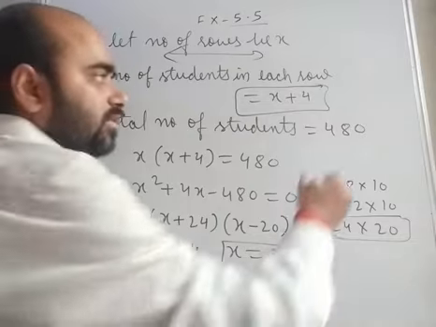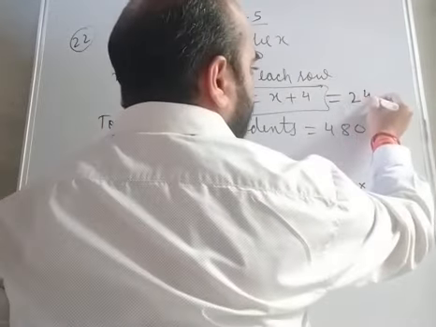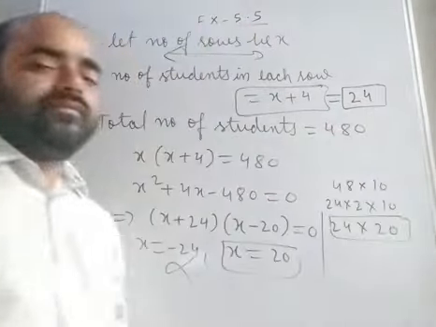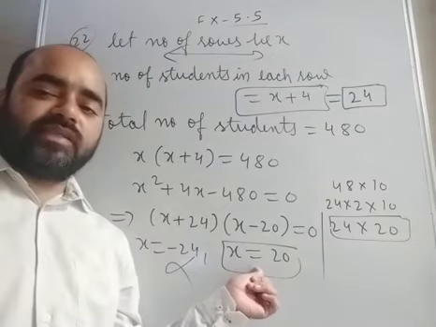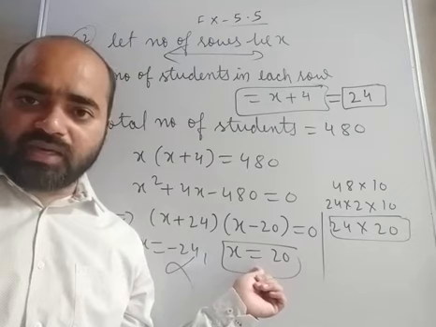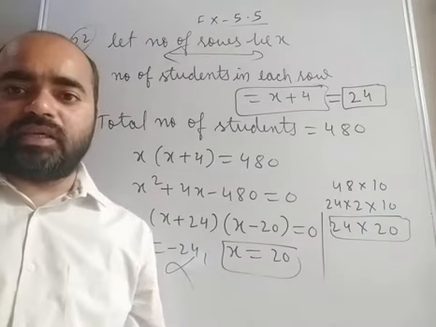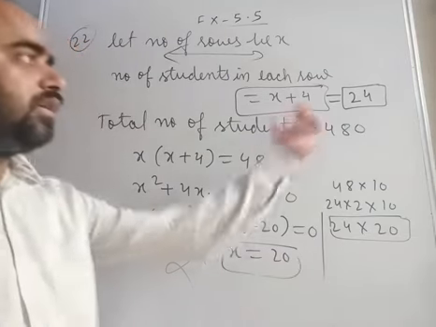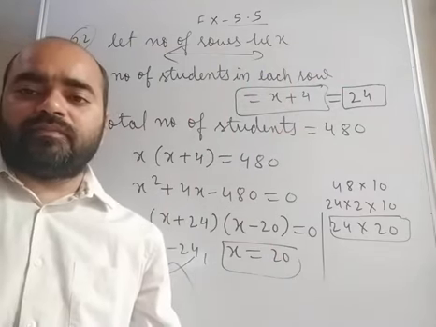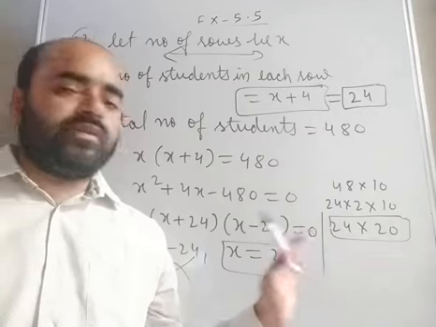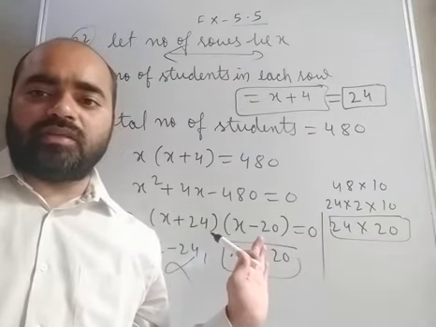It means the answer will be 24. Correct? Why? X is number of rows, but what is asked at last is the number of students in each row. That is 24. Clear? For today, these are all the questions.